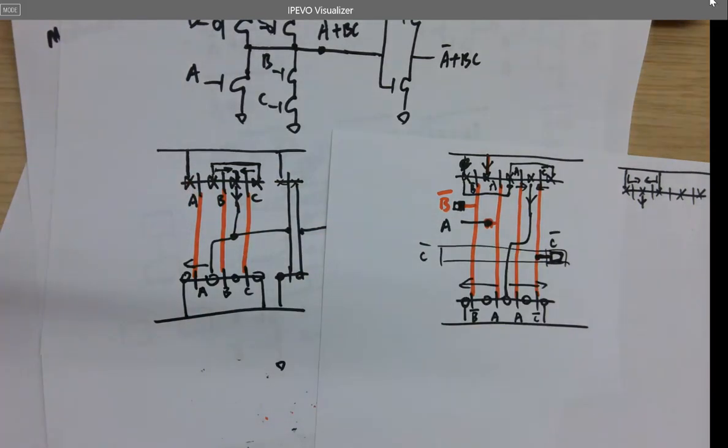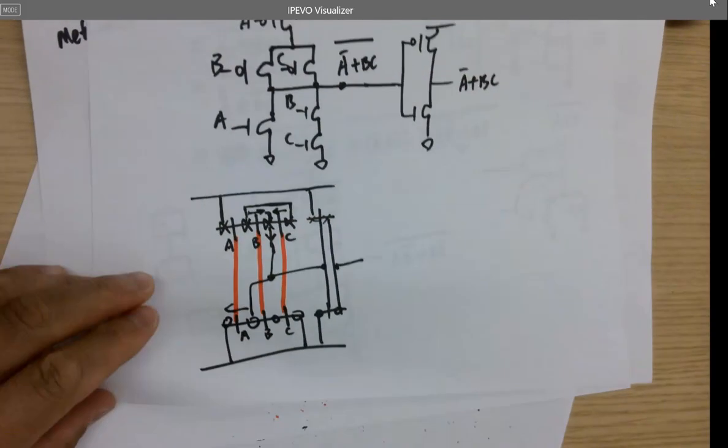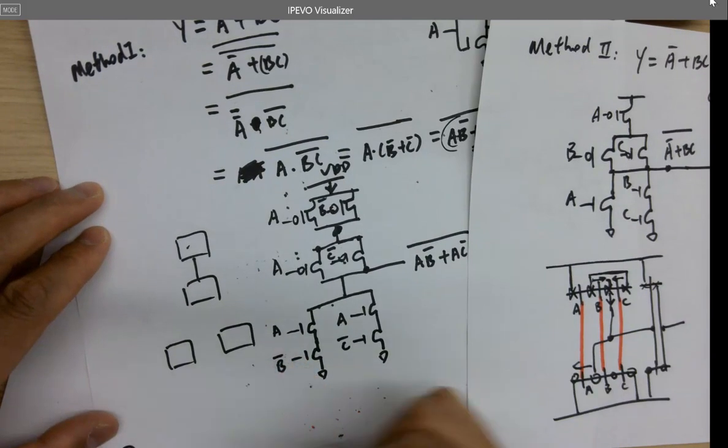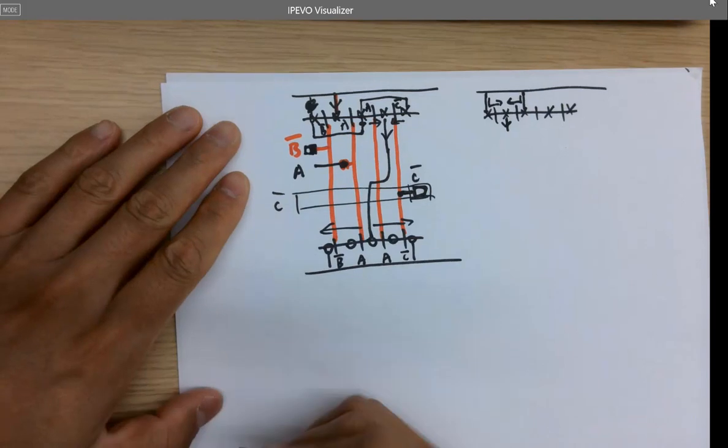Getting more complicated. Any questions with the stick diagrams by far? So let's look at more examples.